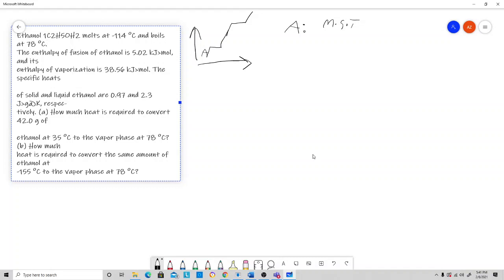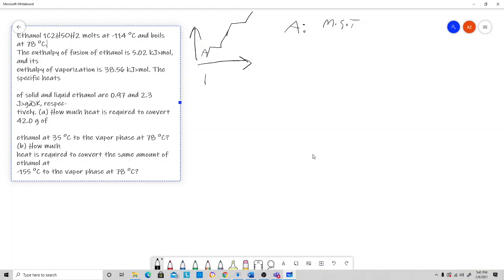So we first need to use the specific heat of ethanol, which is right here, and it's given in joules per gram Kelvin. And it gives us a mass of 42 grams, so we don't need to convert it into moles. So first thing we do is take the grams.